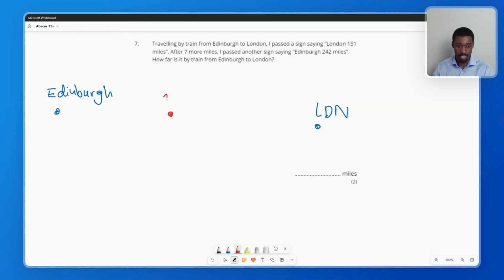So this is the first sign, first S. We know that at the first S, we are 151 miles from London. But then we travel 7 more miles. Let's say it's this. Not to scale, by the way, but we travel a bit more distance. And then we get to sign 2.